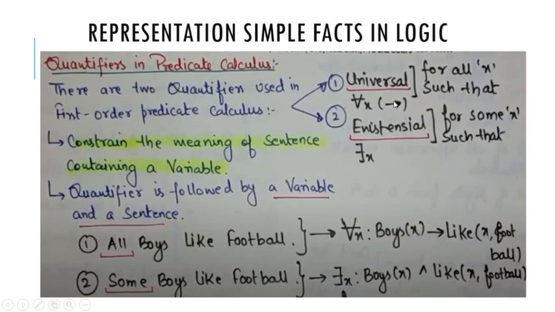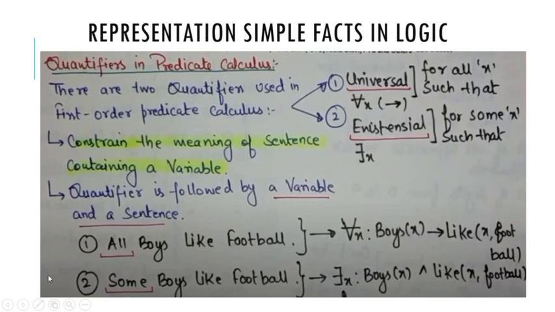For every x, for all x such that, it shows that whenever x is used, it follows in the same sentence. So this shows the constraints of a sentence containing a variable. Secondly, a quantifier is followed by a variable and then a sentence.